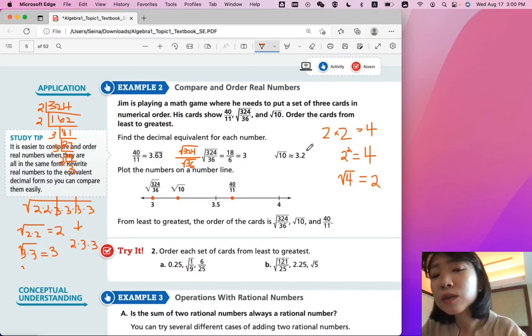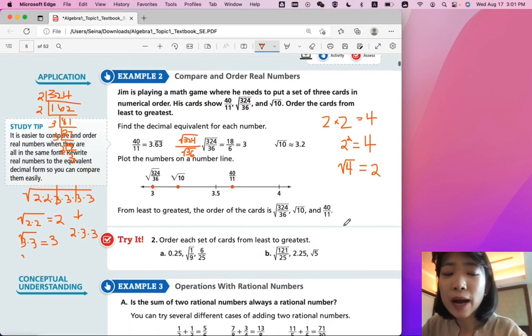So you know your answer is going to be between 3 and 4. Okay, so you can estimate it to 3.2 and line them up on a number line like that. So from least to greatest, the order of the cards will be square root of 324 over 36, square root of 10, and 40 over 11.